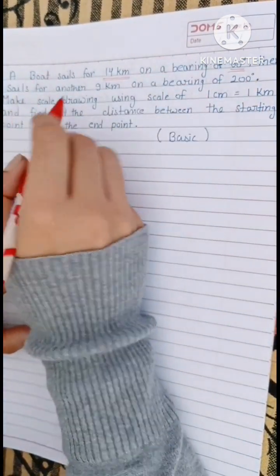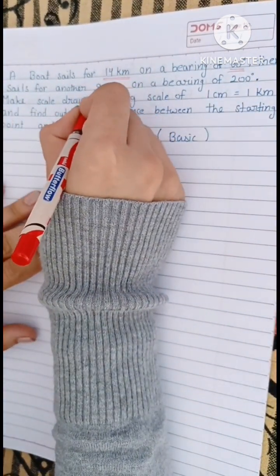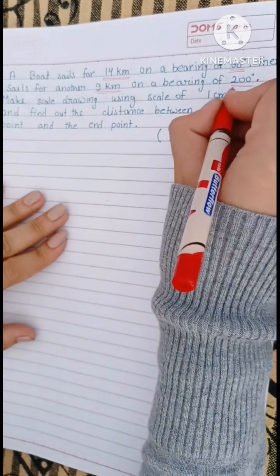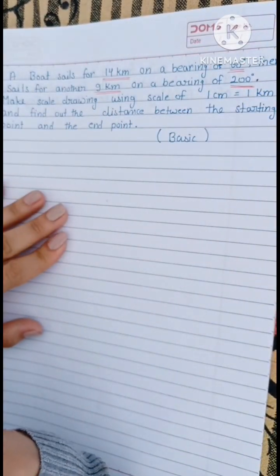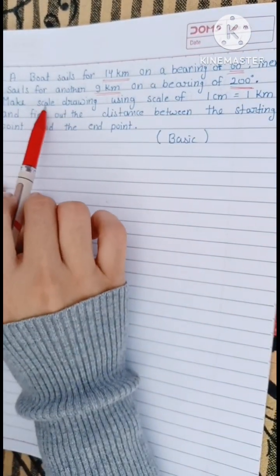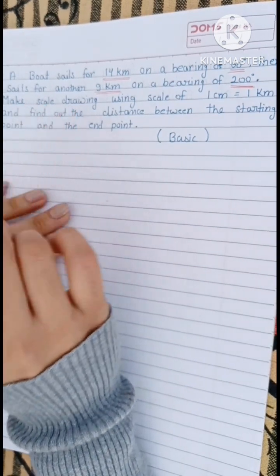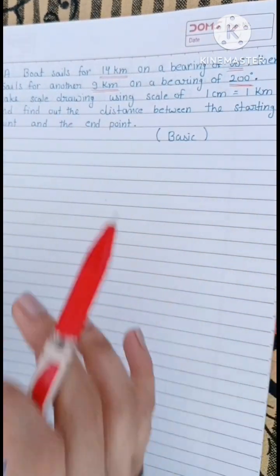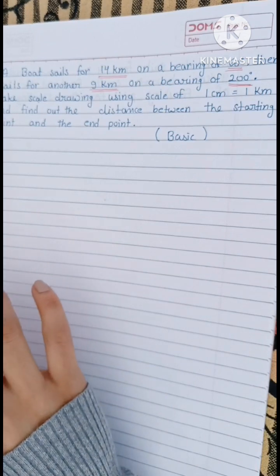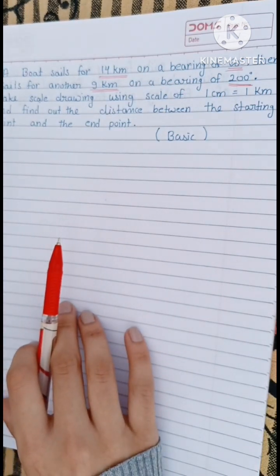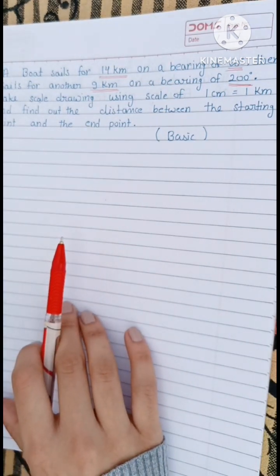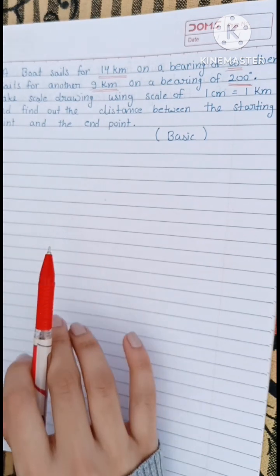Then sails for another 9 kilometers on a bearing of 200 degrees. Make a scale drawing. Now what is a scale drawing? A scale drawing is a representation of a real situation, and using a scale drawing you can measure the distances and find out the actual distance between objects.